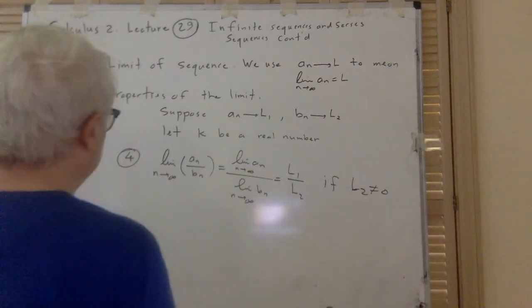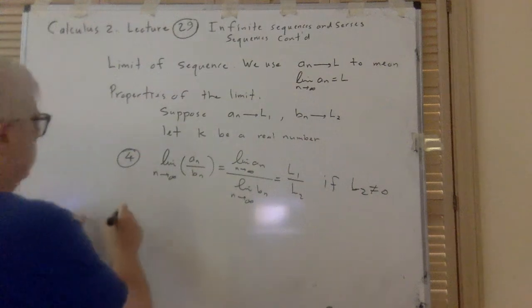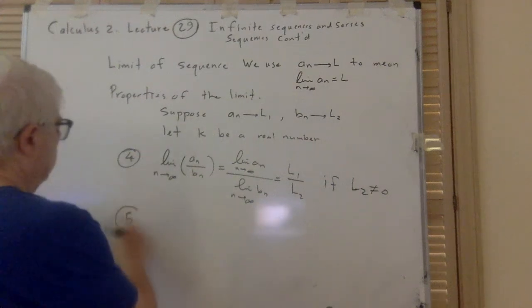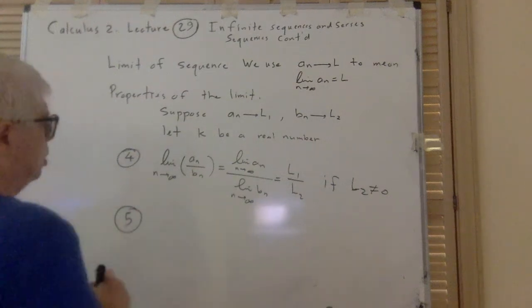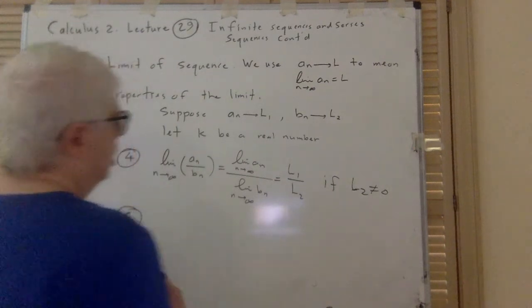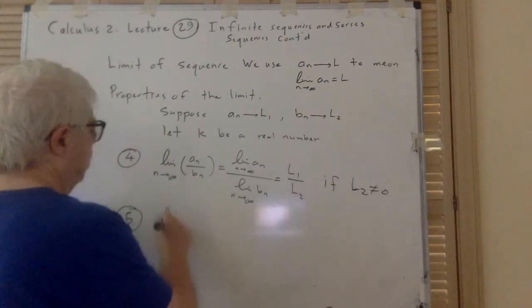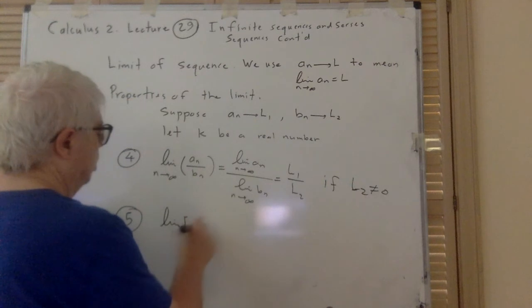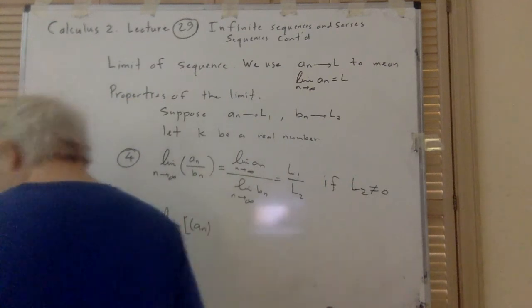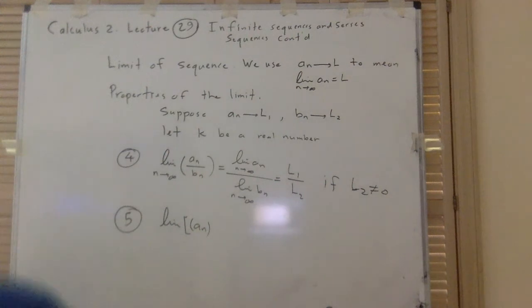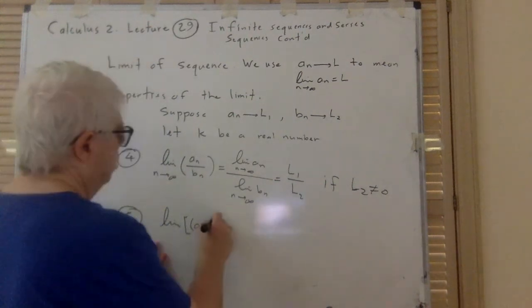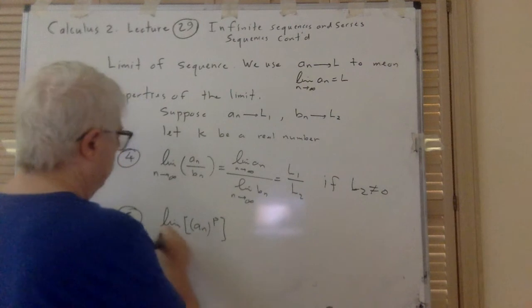Another one is this. Let's say 5. This one is a special case of something else. This is if I have the limit of, say, an to some power p, as n goes to infinity.